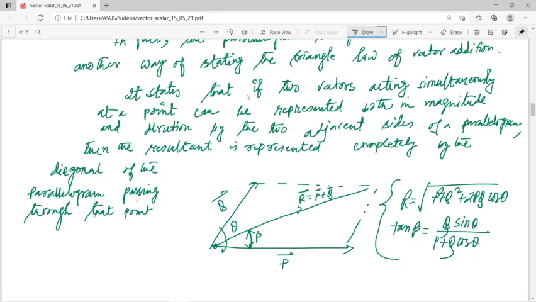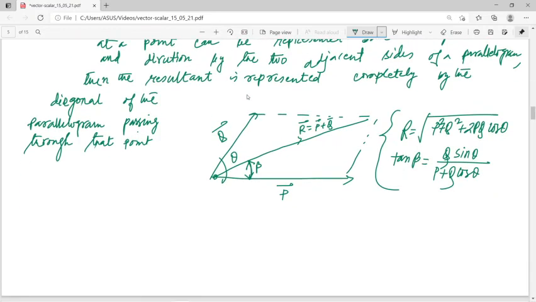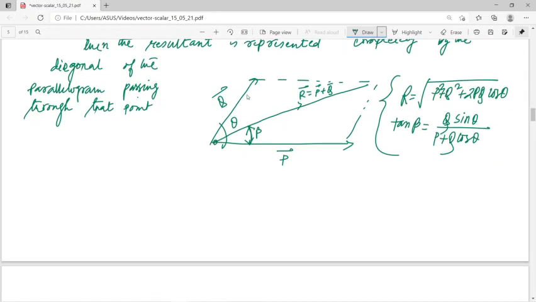But what we are discussing is the addition of two vectors. In the triangle law and the parallelogram law, we are dealing with vector addition only for two vectors. But what if we need the resultant of more than two vectors?